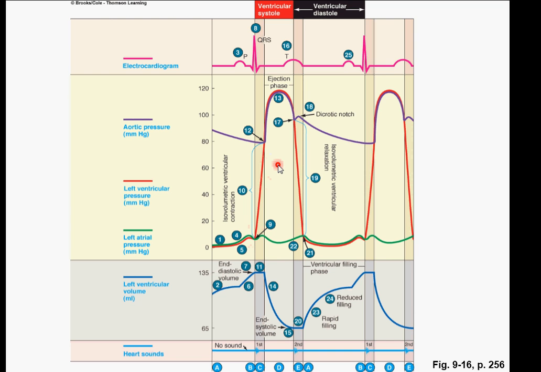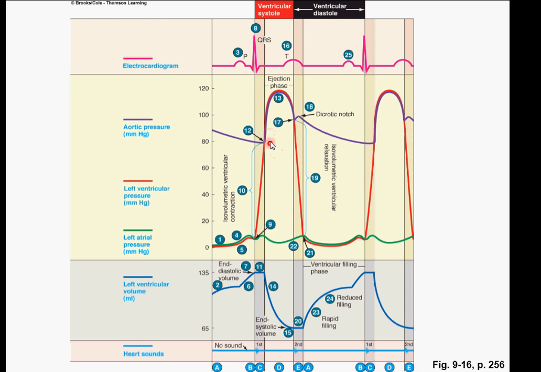Now once it becomes more than the aortic pressure, the aortic valve will open. Because the pressure now is more than the aorta, this will open the aortic valve, and the blood will rush from the ventricle to the aorta, as you can see here. Because the aortic valve is open, we consider the ventricle and aorta roughly one compartment.